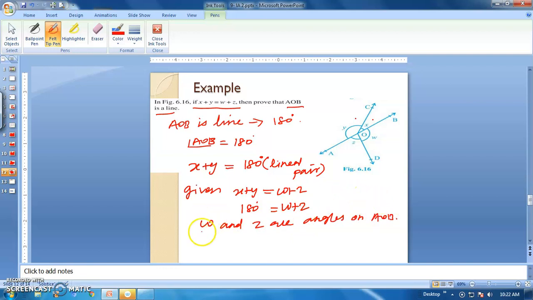Okay, that is w plus z is also angle AOB, right? So w plus z is nothing but 180 degree, we found now. So therefore angle AOB equal to 180 degree. So which implies, what is AOB now? So AOB is a line, right?